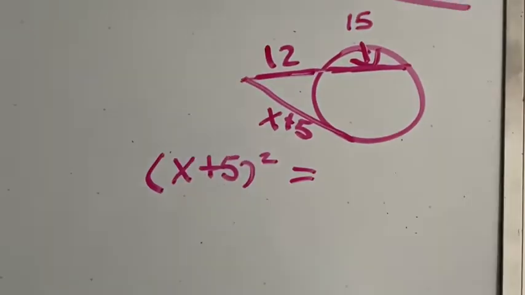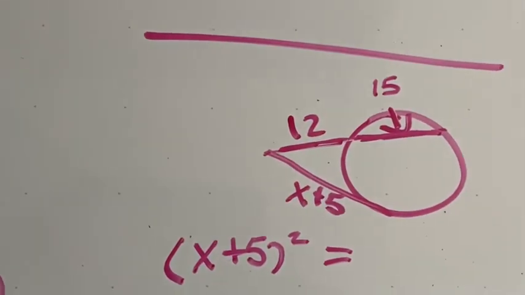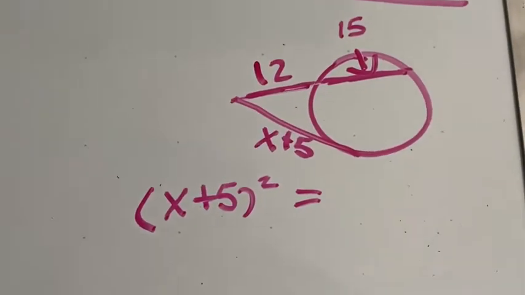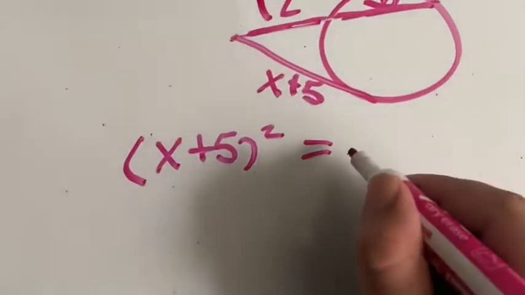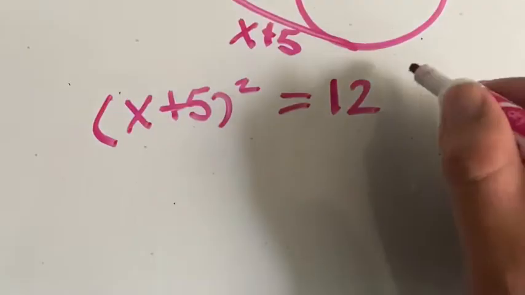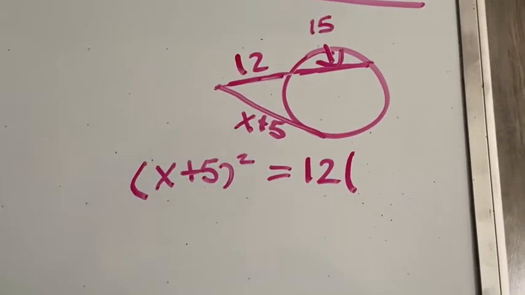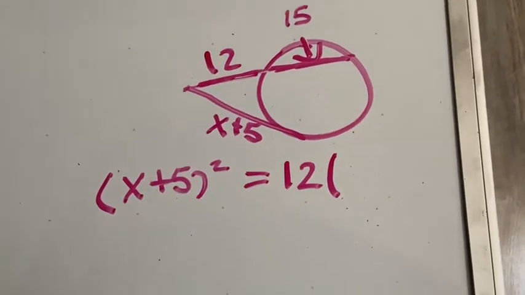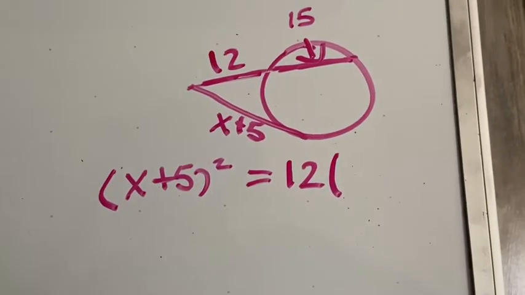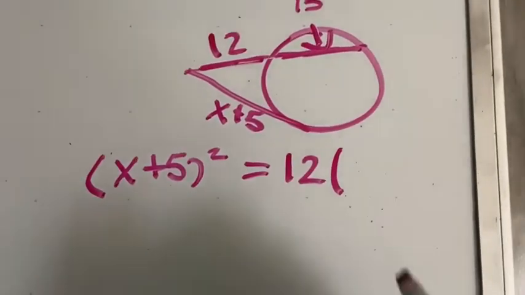And I'm going to set that equal to something, right? Any guess on what I'm going to set it equal to? It's definitely going to be 12, right? Because we have a 12 there. Times, am I going to multiply it to 15? I'm actually going to multiply it to 27.